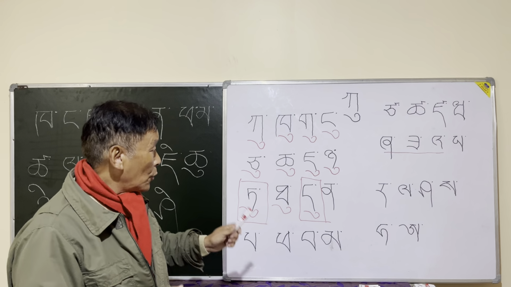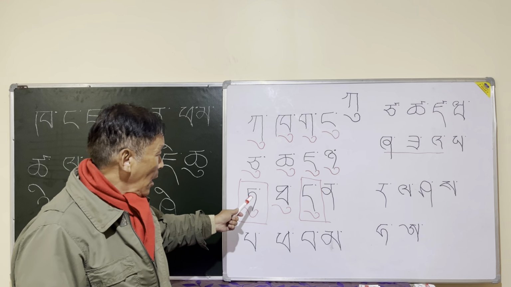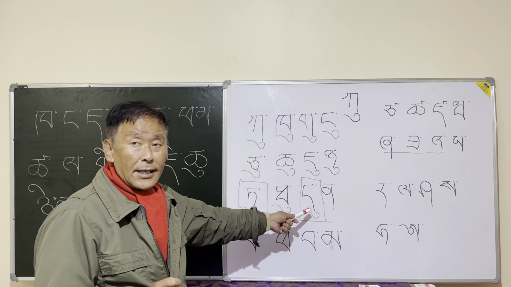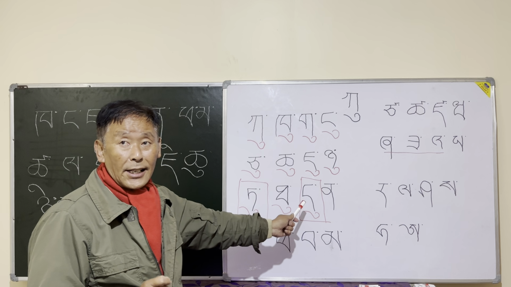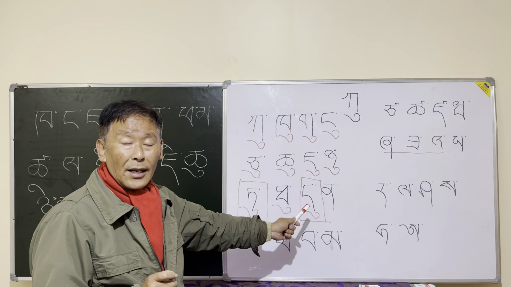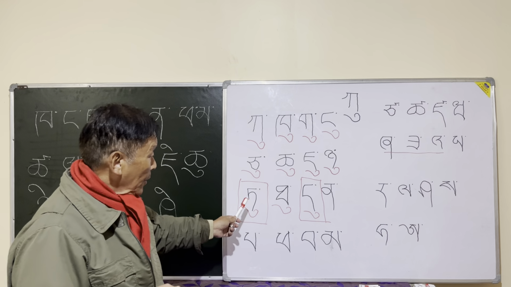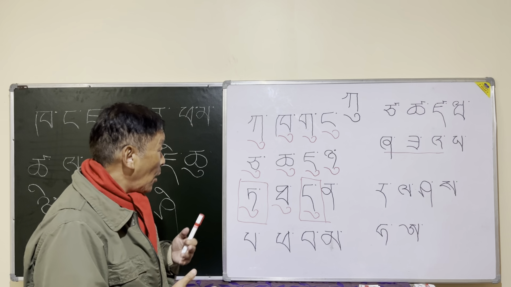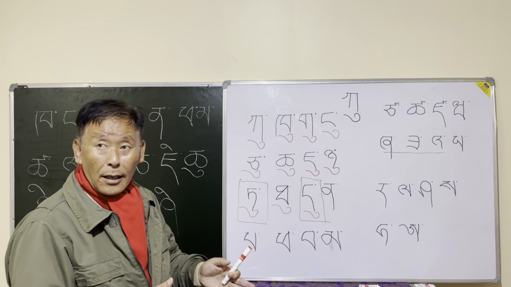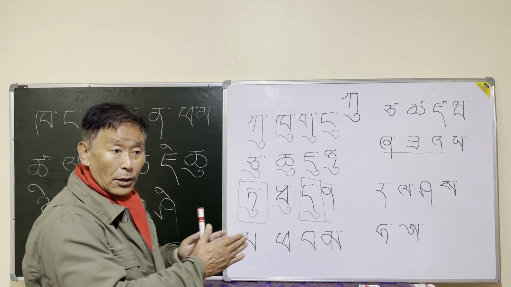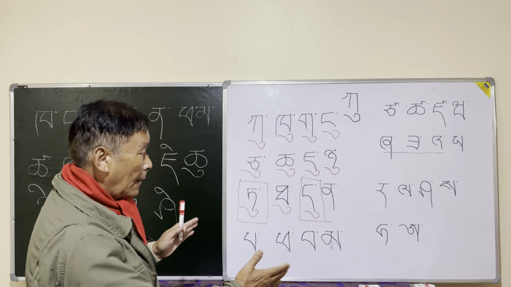To start with, you just learn these two words: in, at, on, to. And we will learn how to use them later on. So basically it changes depending on the suffix.